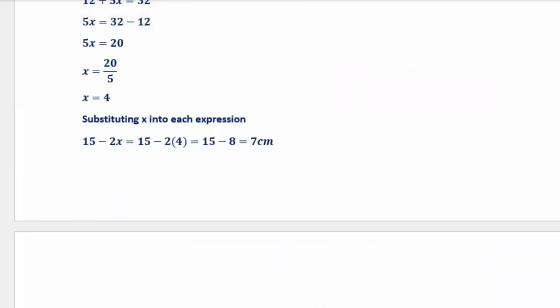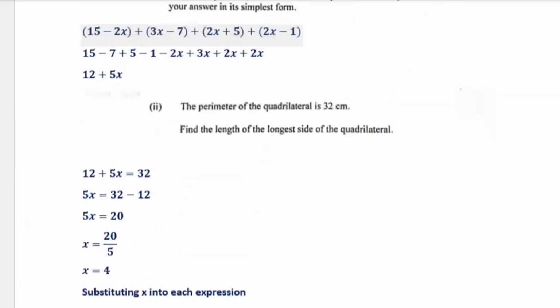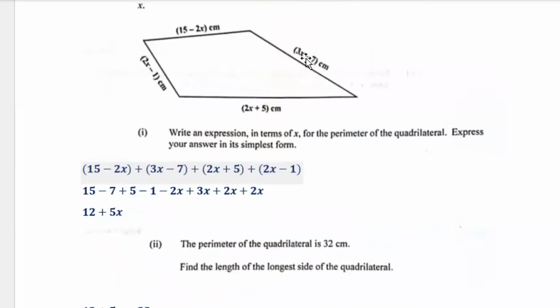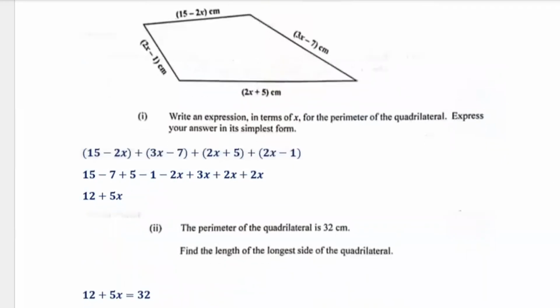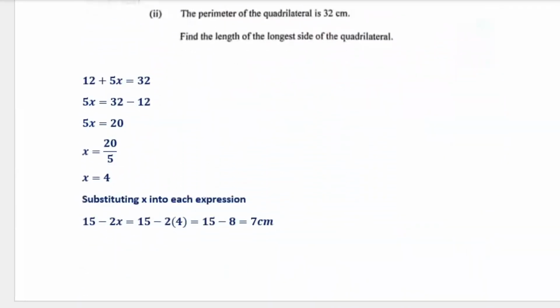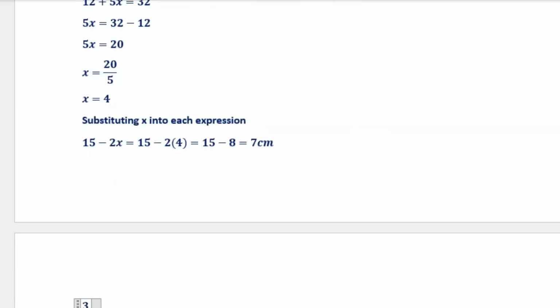The next expression was here, 3x minus 7. So it is 3 multiplied by 4 minus 7. So 3 times 4 is 12, 12 minus 7, and that is equal to 5 centimeters.